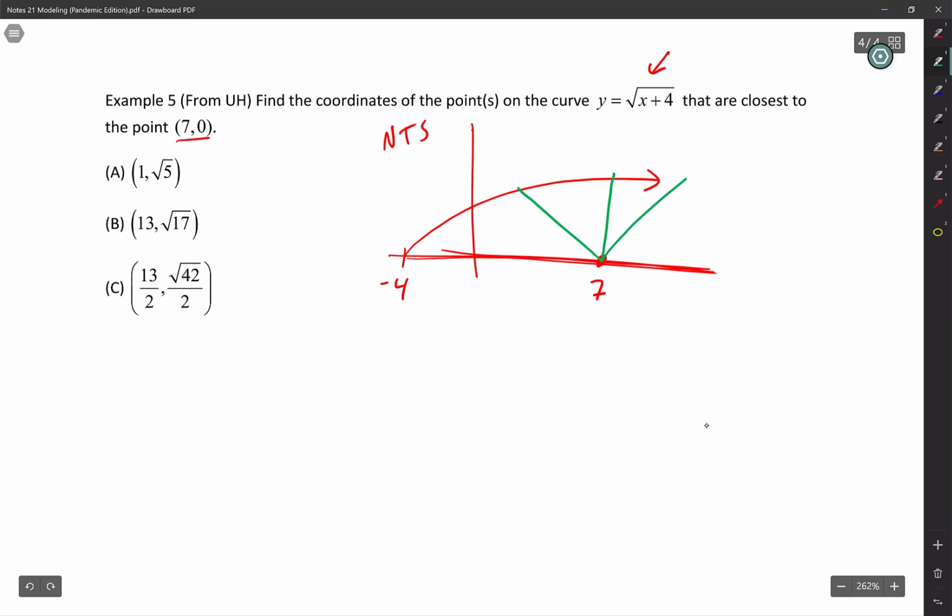Which one of those lines is smallest? Find the coordinates. So they want a coordinate. So which one of those green dots is smallest? And I guess since it keeps going all the way, this would have entered like that, see?